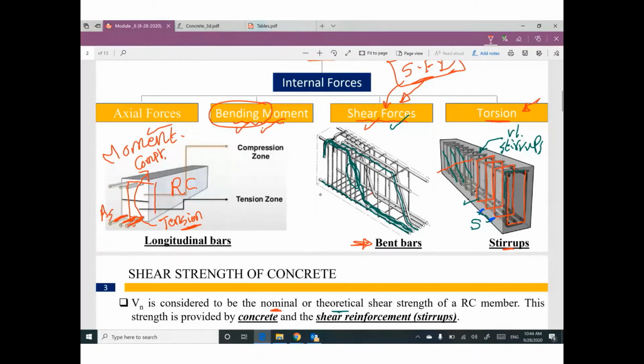These stirrups support the shear force diagram on this beam. Finally, the final conclusion: we are going to assume the bar size, number 3 or number 4, and then we can figure out the spacing. This is the final conclusion in your design. Assume one parameter and figure out the second parameter.